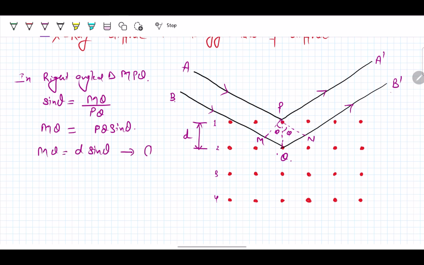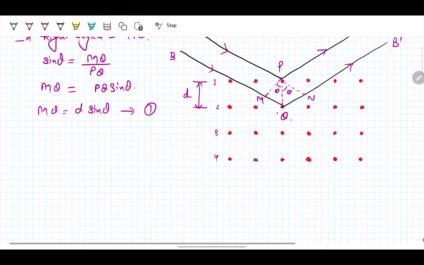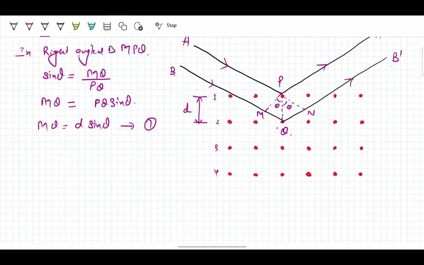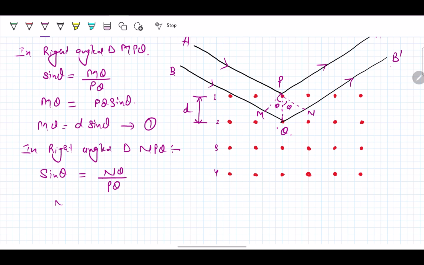Let this be equation number 1. In a similar manner, in right-angled triangle NPQ, sin theta equals NQ over PQ, so NQ equals PQ sin theta, and again PQ is d. This is equation number 2.